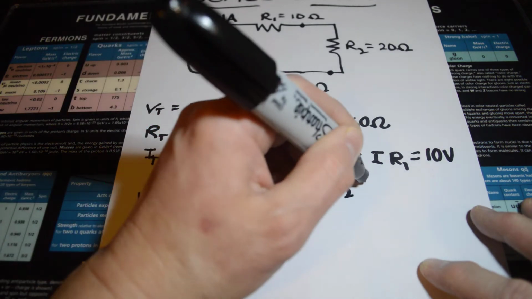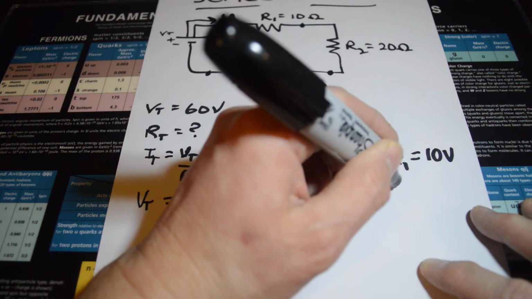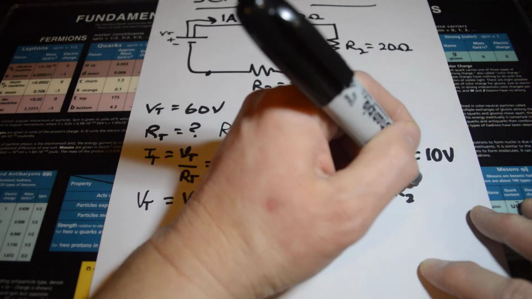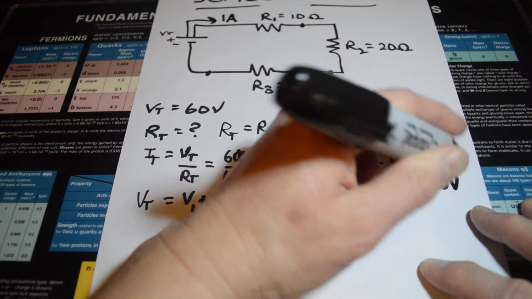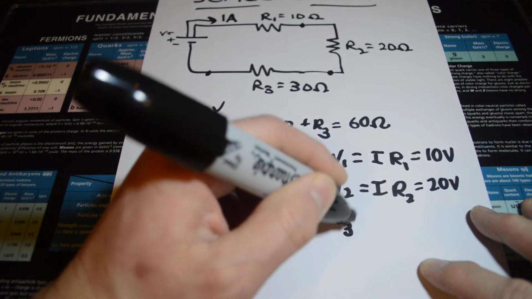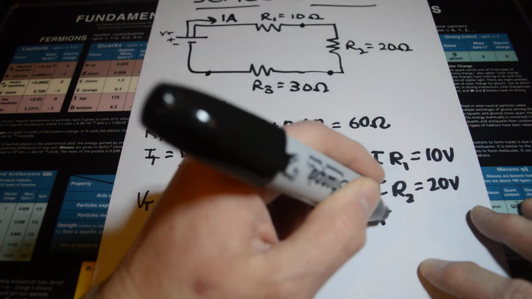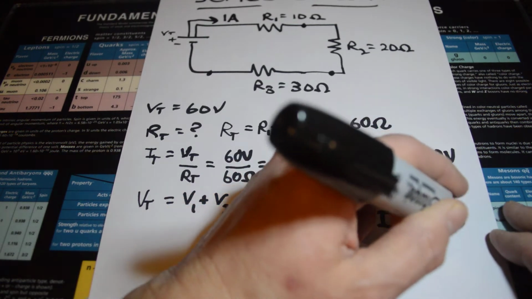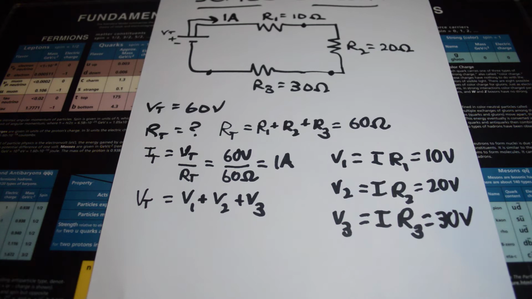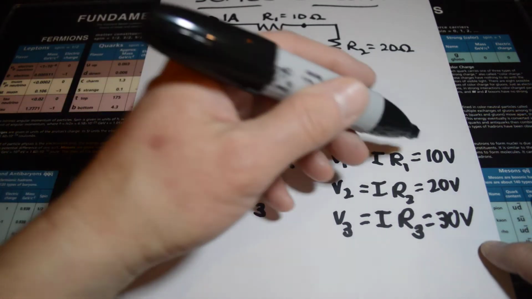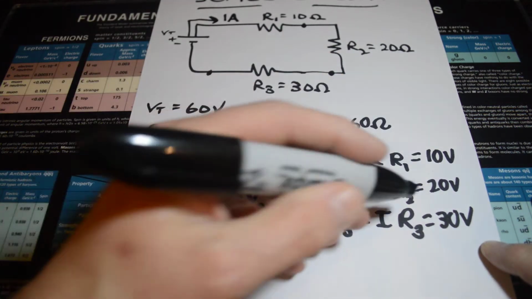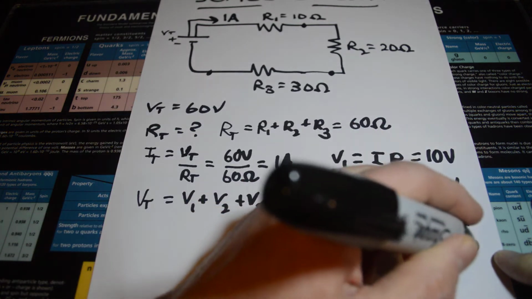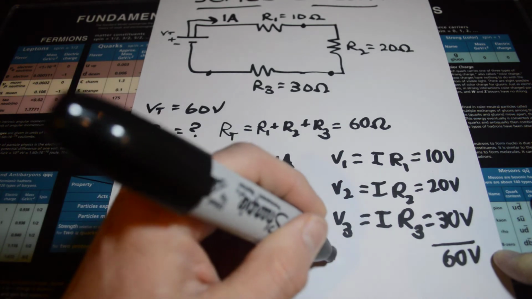If you keep doing it for the different resistors, it'll be the current times the resistance. It'll be 1 amp times 20 ohms gets you 20 volts. And the third one, the total current times R3 gets you 30 volts. So the voltage across R1 is 10, voltage across R2 is 20, and that of R3 is 30. If you add those together, you get the total of 60 volts.